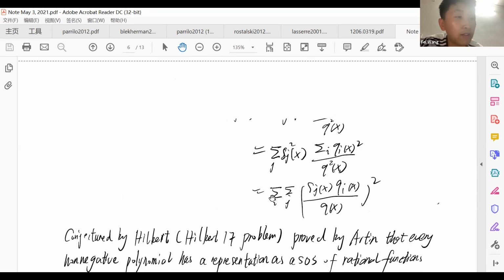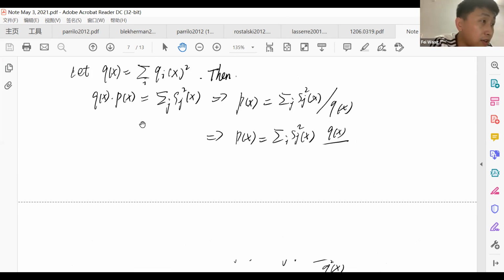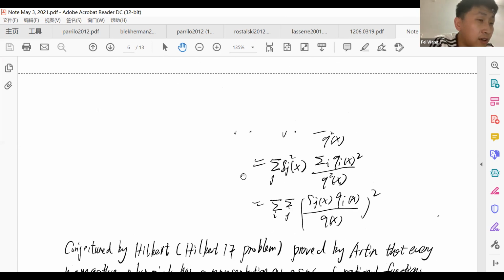In the other way, if we can write p(x) as a sum of squares of rational functions, then we can multiply the denominators of the rational functions, and so this q(x) can be divided by all the denominators of the rational squares.